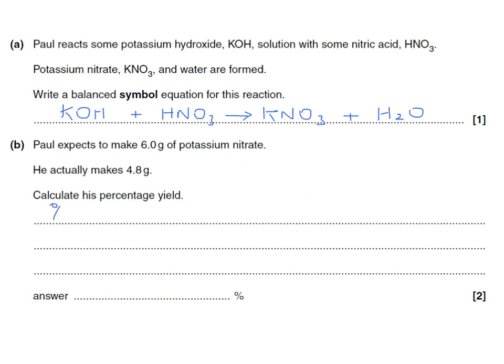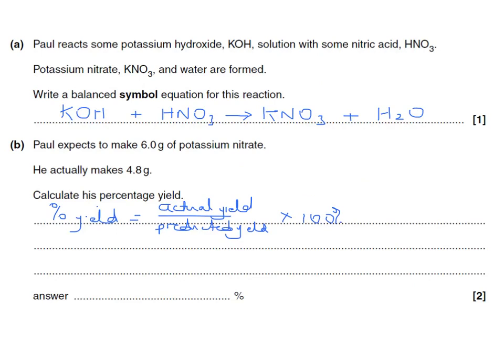So we'll write down percentage yield equals actual yield divided by predicted yield times 100%. Nicely, they've put these in the right terms. Expected is sort of predicted, so that's going to go on the bottom.